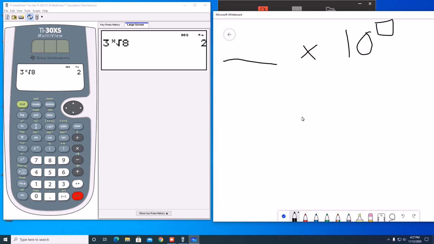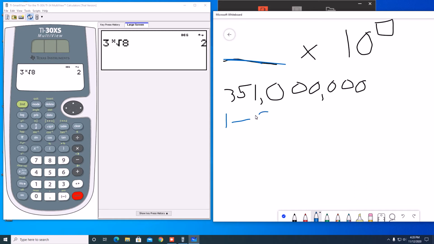And so, for instance, let's say I had 351 million. And, whoops, I don't know how to write million today. And so what I want to do with scientific notation is I want to make this number between 1 and 9.